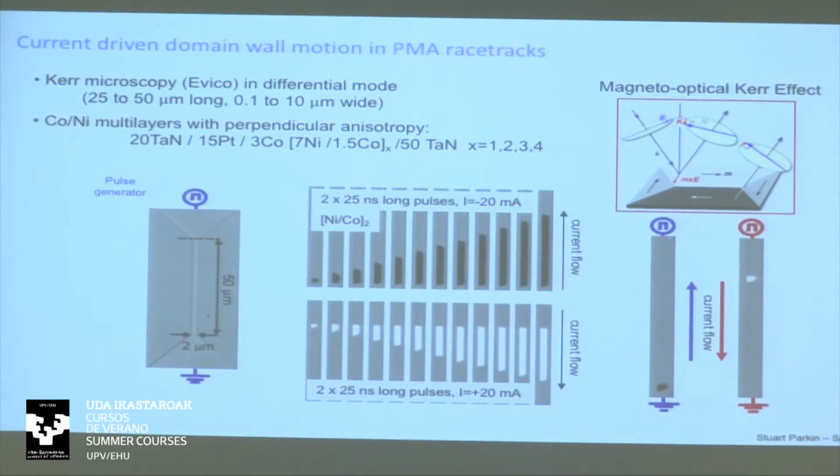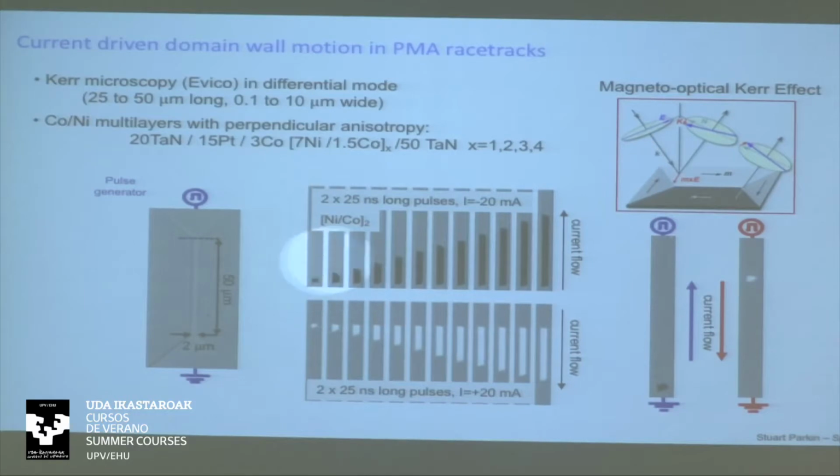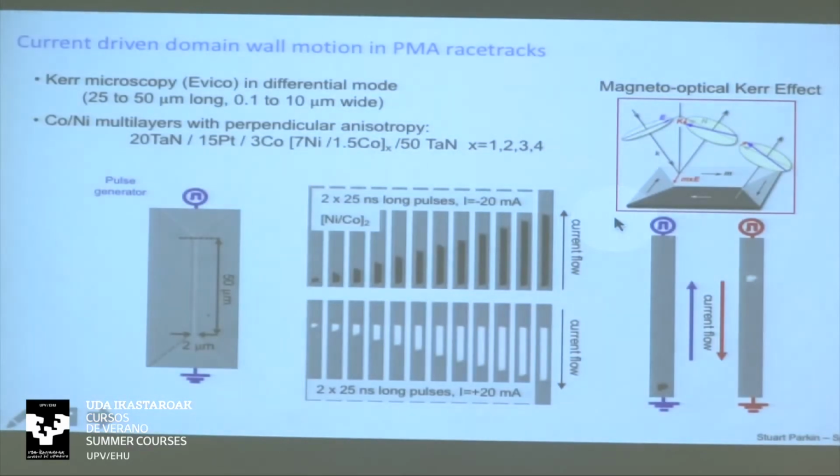And then we take an image using a Kerr microscope, which means we simply use a linearly polarized beam of light, and we detect the rotation of this polarization as it's reflected from the surface of these domains. And an up domain will rotate it in one direction, a down domain in the opposite direction. This is the differential image.